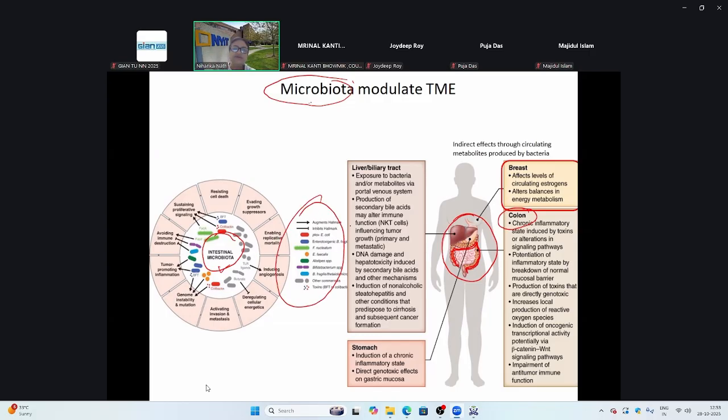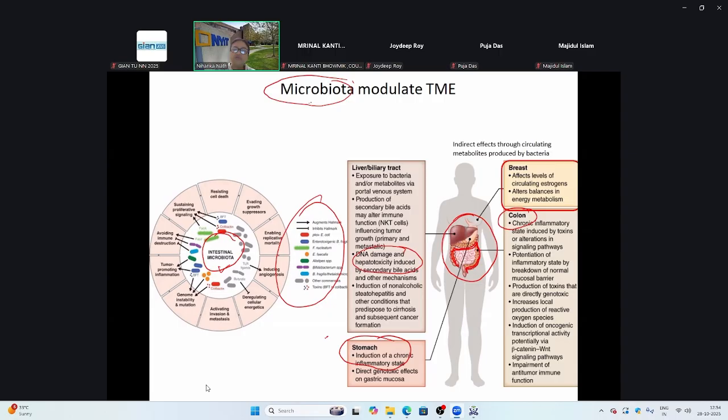If they're overgrown or infected, they can be responsible for chronic inflammation. Now that's not a good thing. If you have toxins from a certain bacteria, they can also cause hepatotoxicity.